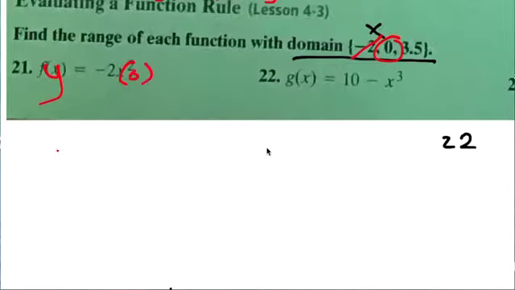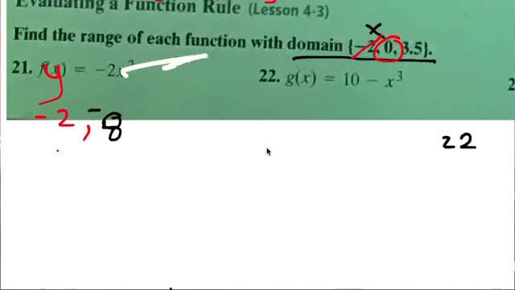So x is 0, y is 0. So x is -2, y was 4. Oh, this is squared, right? -2 squared. -2 squared is 4. 4 times -2 is -8.